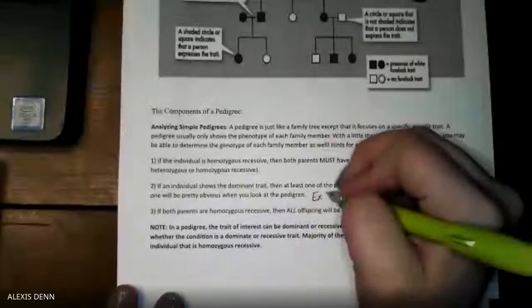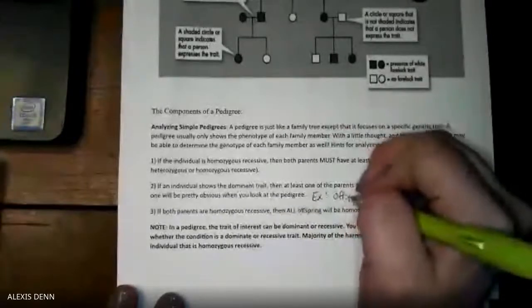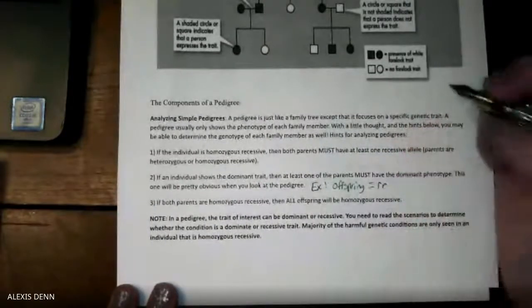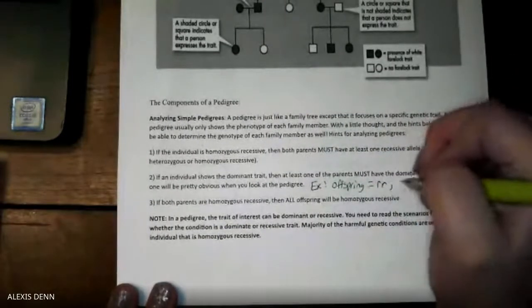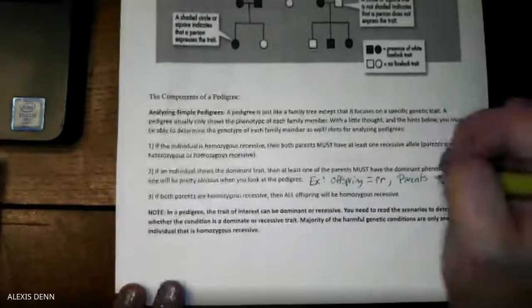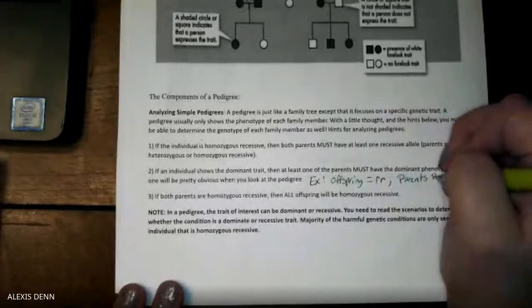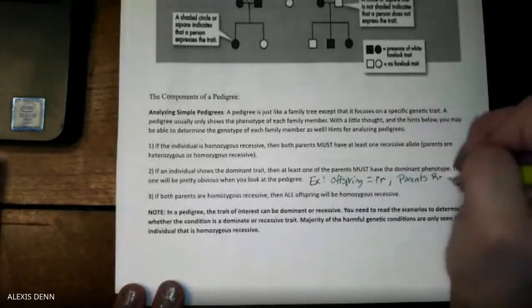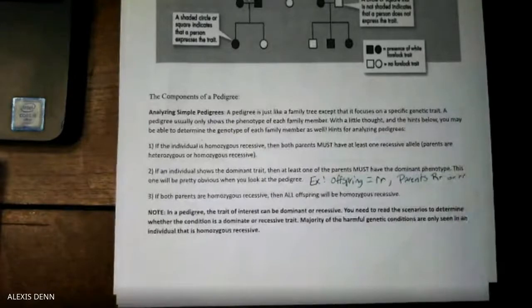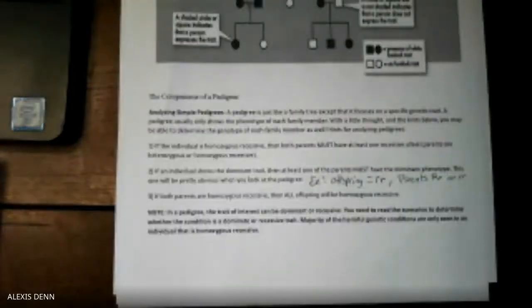If the offspring is little r, little r, then the parents are either big R, little r, or little r, little r, and that has to be the case for both parents. One of those has to be the genotype for each of those parents.